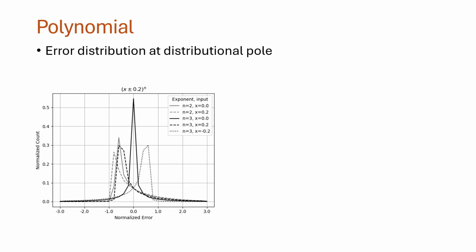And we can also compare n equal to 3, x equal to plus 2 or minus 2. You can see they are mirror images of each other. One is left-sided, one is right-sided, because their second derivatives are opposite to each other. So the second-order Taylor expansion can accommodate the distributional pole, whose error distribution is a delta function and is continuous in parameter space.